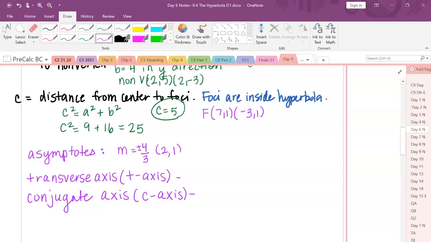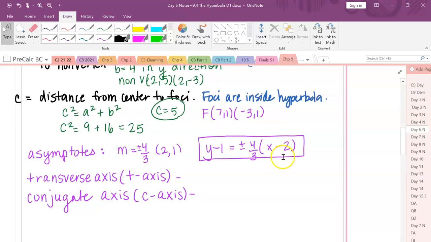So we're going to have plus or minus 4/3. Now we're going to write the equation of the asymptote in point slope form. So you'll have y, and then the opposite of your y coordinate equals your slope. Don't forget about the plus or minus. And then x, and the opposite of your x coordinate. And this is the equation of your asymptotes. You do not need to solve for y. Please just leave it like this.